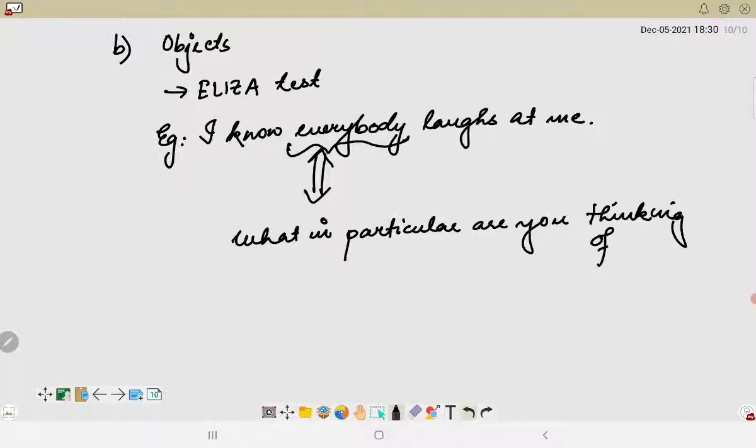So everybody would now be considered as occurring very rarely, and hence ELIZA will be considering I as the primary object here. Whenever it considers I as the primary object, it will respond with: what in particular are you thinking of? It will not consider everybody, it will just consider I here.